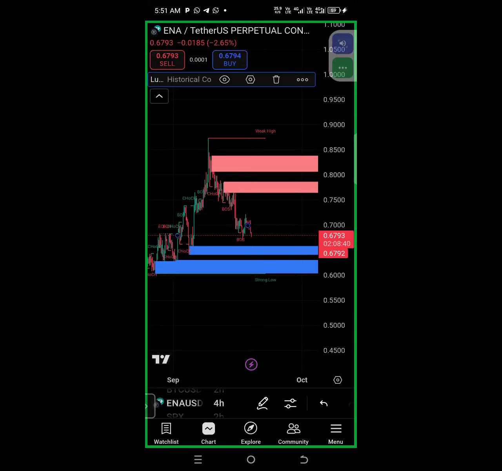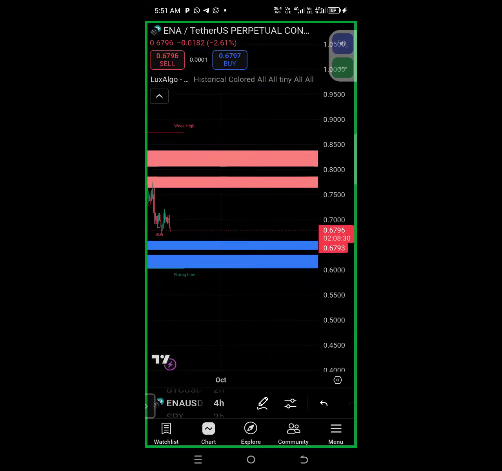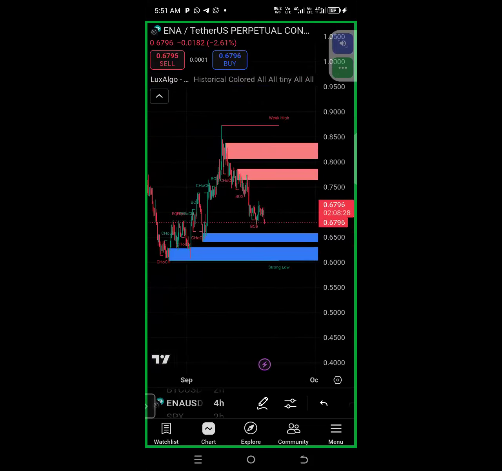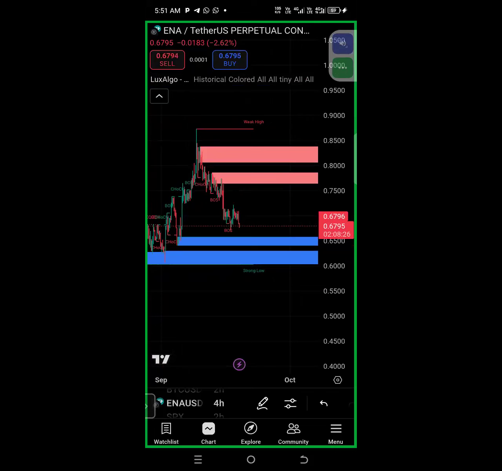What did we say they are? Let me know your answer in the chat box. What did we say our weak high and then the strong zones? What did we say they are?